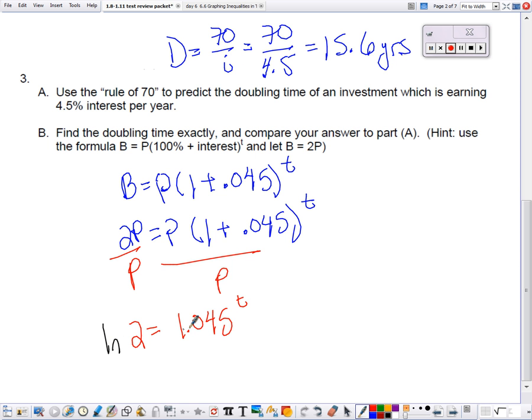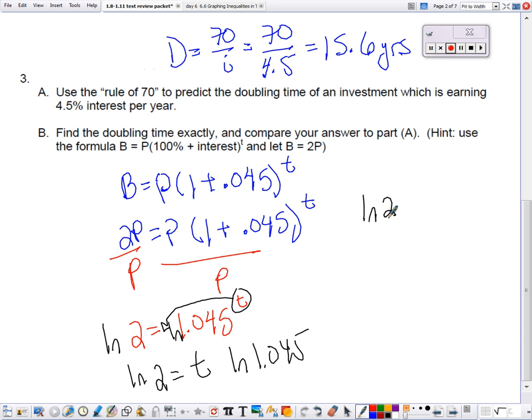I'm going to natural log both sides so my exponent can become a coefficient. And to solve, I'm going to divide both sides by the ln of 1.045. We get 15.7 years.